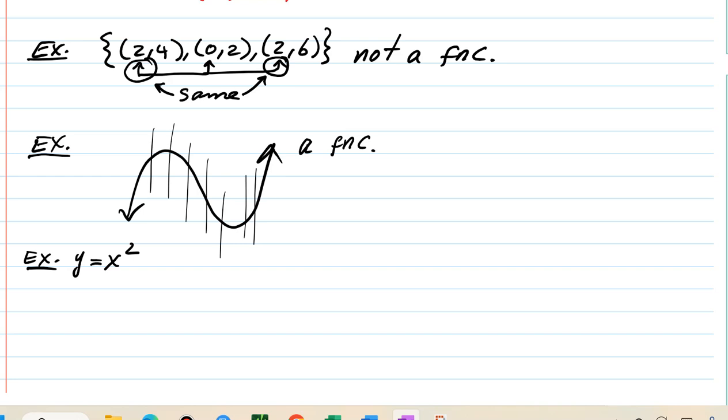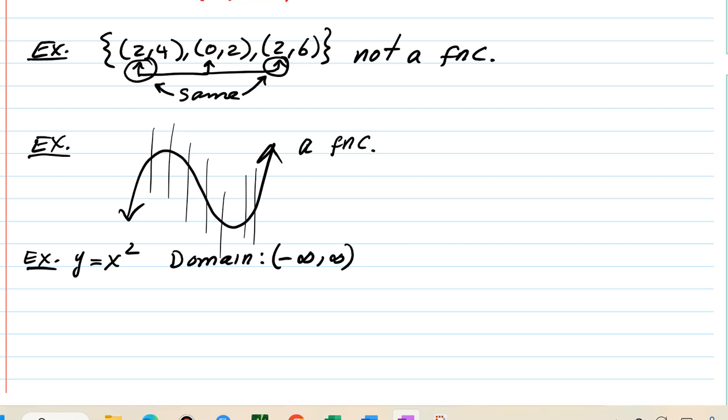Therefore, the domain is all real numbers. This is a functional relationship because we never have a situation where the same x will define two different y values. So x can be anything: 0, negative, positive, doesn't matter.